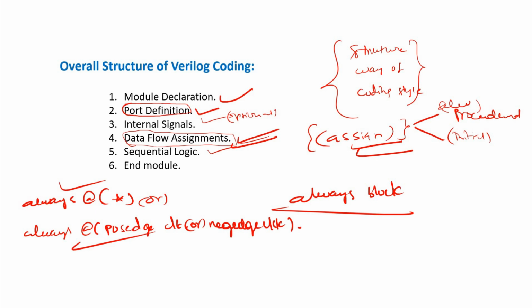The basic definition of an always block is that it defines a set of procedural statements that are executed whenever there is a change in the signal specified in the sensitivity list. This is the basic always block definition.